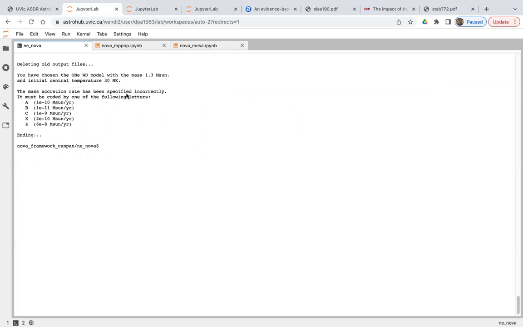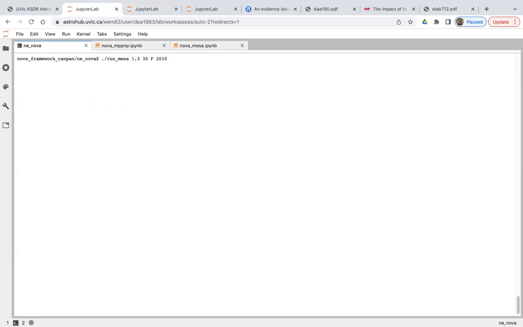The mass accretion rate has been specified incorrectly. Intentionally I did this. It must be coded by one of the following letters. A corresponds to mass loss rate 10 to the minus 10. I will be using X, which corresponds to 2 times 10 to the minus 10 solar masses per year. So now again I'm going to use X.